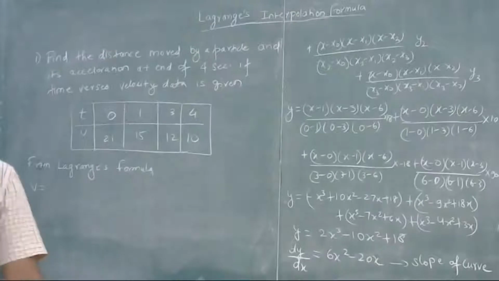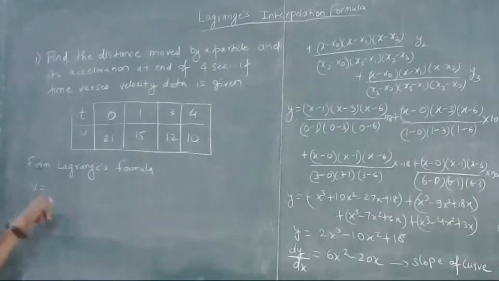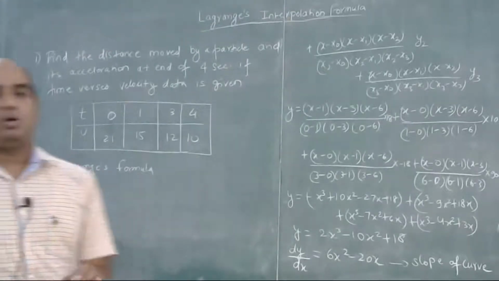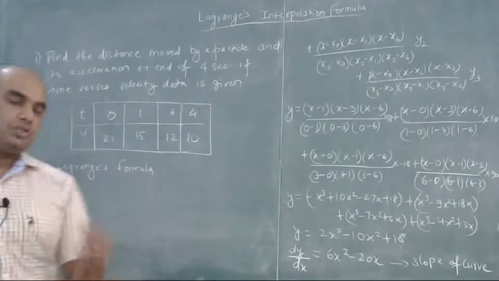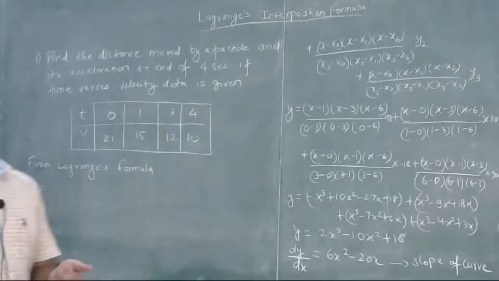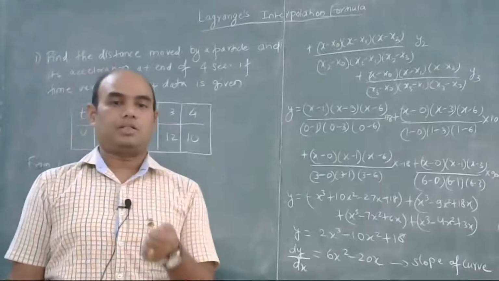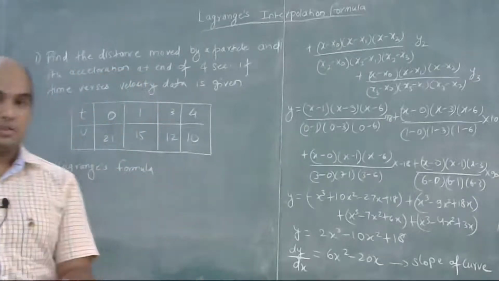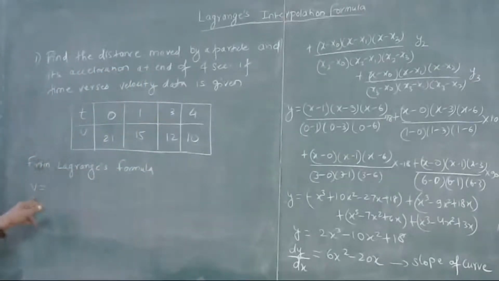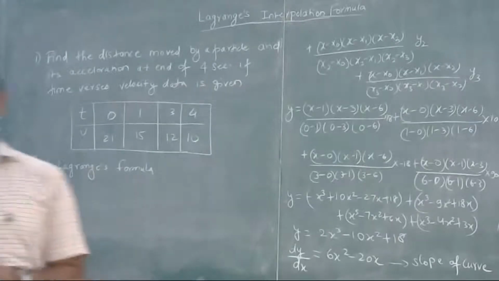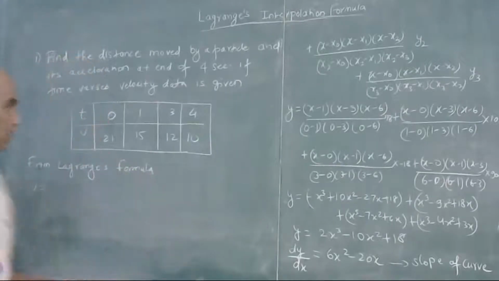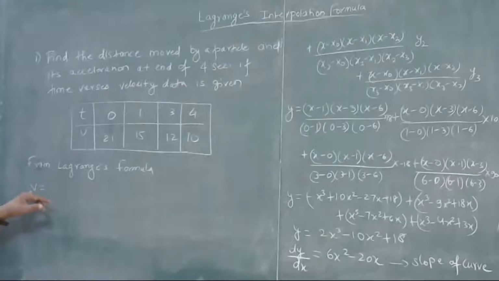Okay. So we will get the value of velocity in terms of time, and if you differentiate this velocity with respect to time, you will get distance traveled, and if you integrate this velocity with respect to time, you will get acceleration. Okay. So first we will find the velocity in terms of time, and then we will differentiate it, and then we will integrate it. Okay.